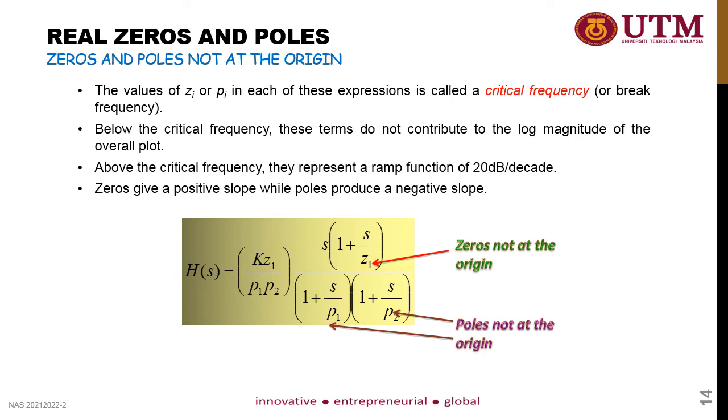Here it is at Z1, also known as real zeros at Z1. Same goes for the denominator part: you have s at the bottom, so it is poles not at origin, one at P1 and the second one at P2. These are also known as real poles at P1 and P2.